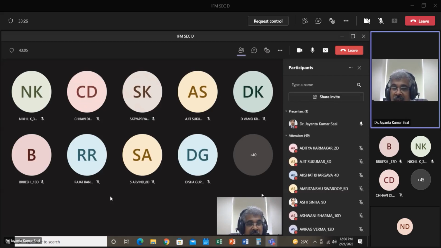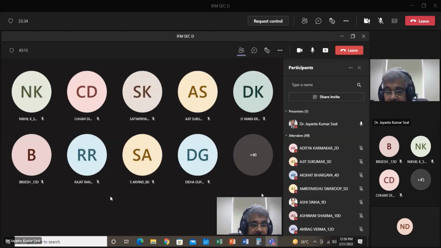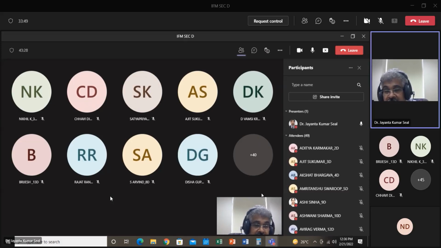When you sell the shares to a particular person, private placement. In 2021, Reliance had gone for private placement to, I think, Google, Facebook, all these companies. Reliance sold shares. These are all private placement. So it did not sell share to the general public, but it sold shares to some people. So that is what is called private placement.